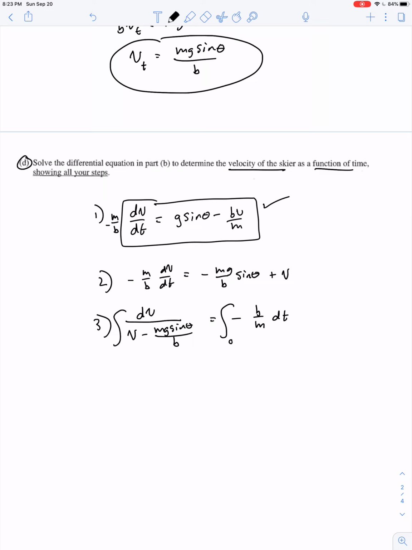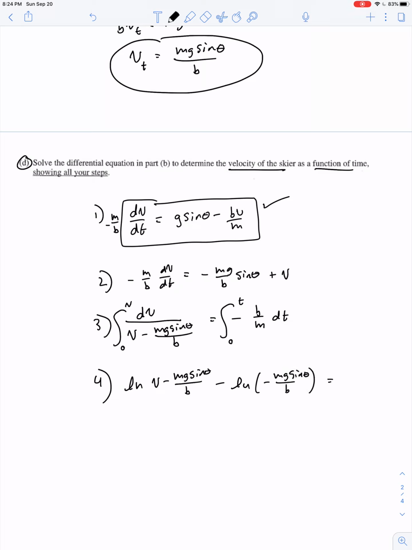We integrate on both sides of the equation. At time t equals 0, the velocity of the skier starts out at 0, and at some later time, the speed has grown to some value v. So the left side of the equation evaluates as the natural log of v minus mg sine theta over b minus the natural log of negative mg sine theta over b.